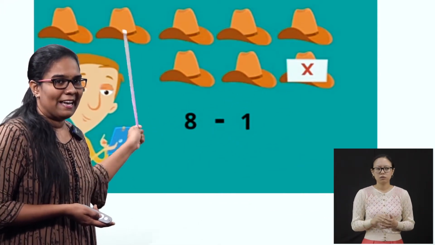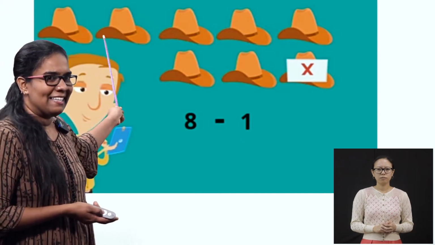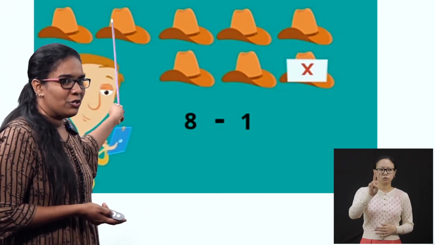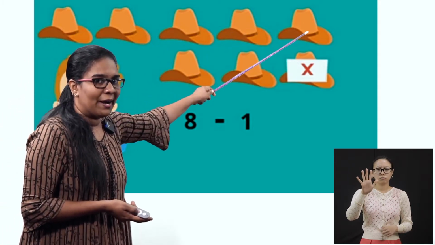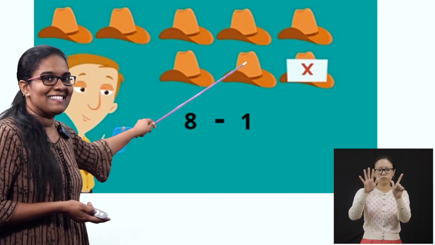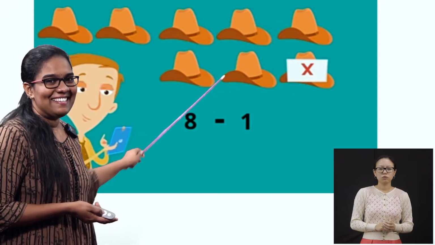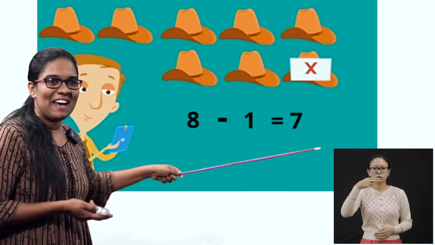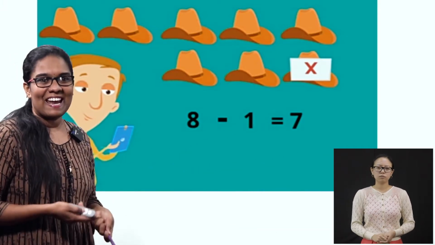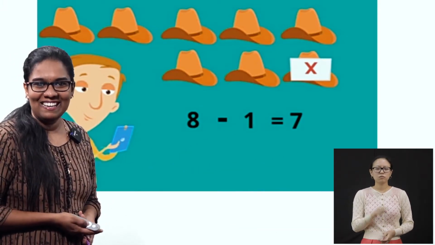Then tell me, how many hats are remaining here? 1, 2, 3, 4, 5, 6, 7. That is 8 minus 1 is equal to 7. This is subtraction. Is it very simple?